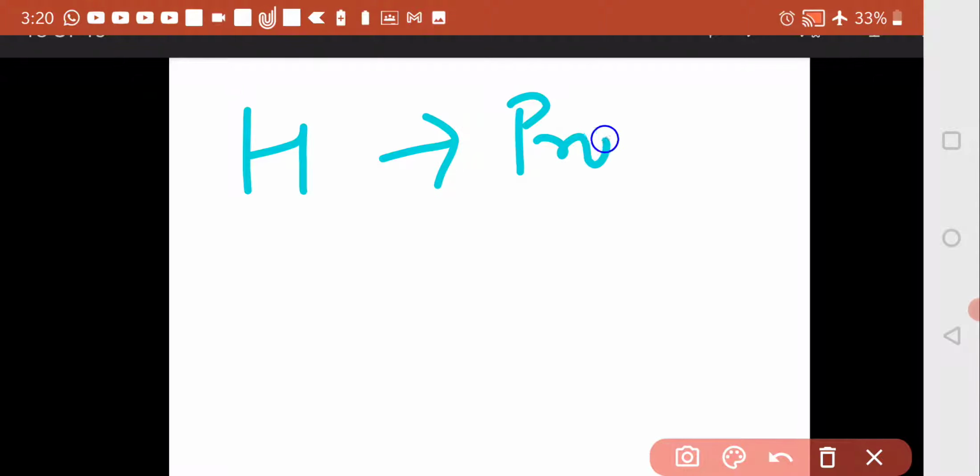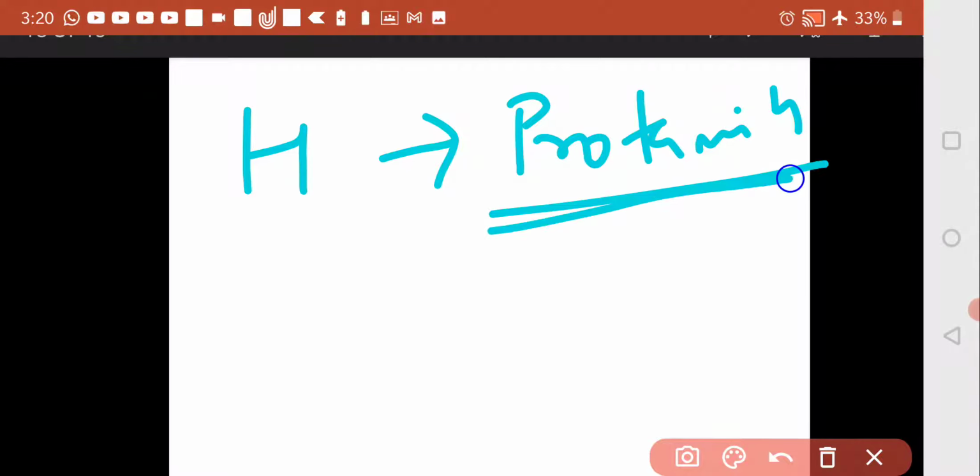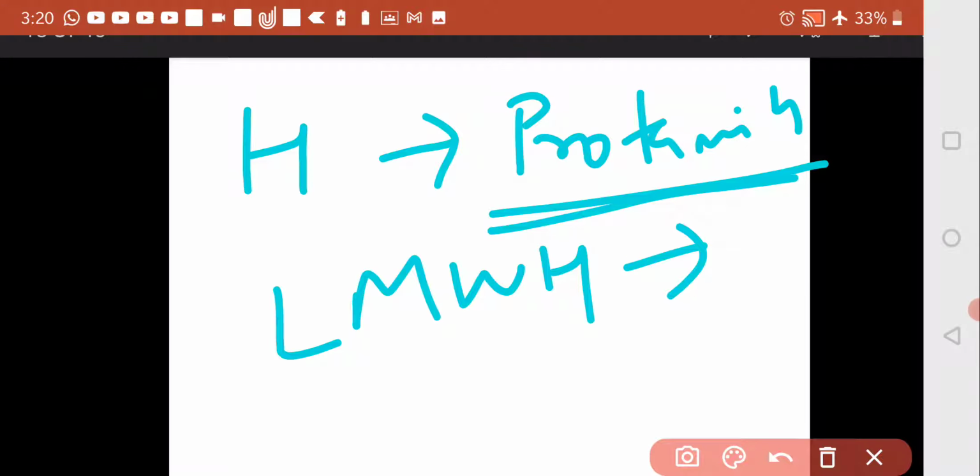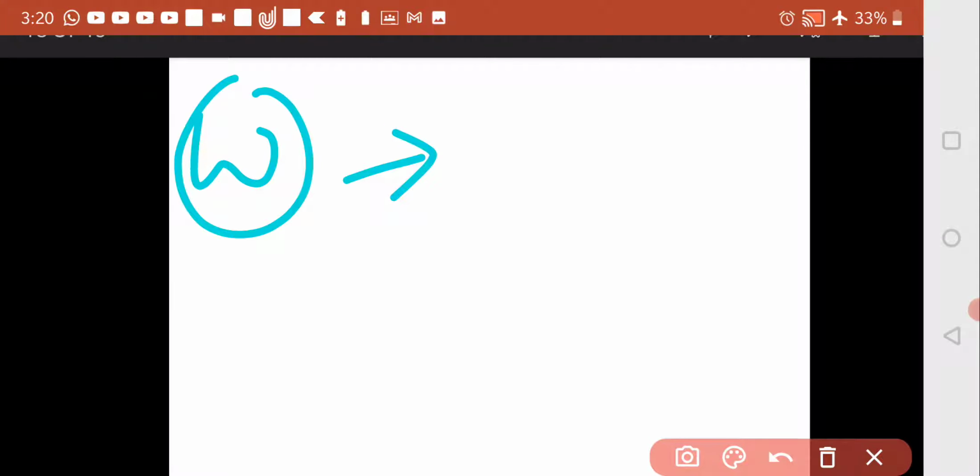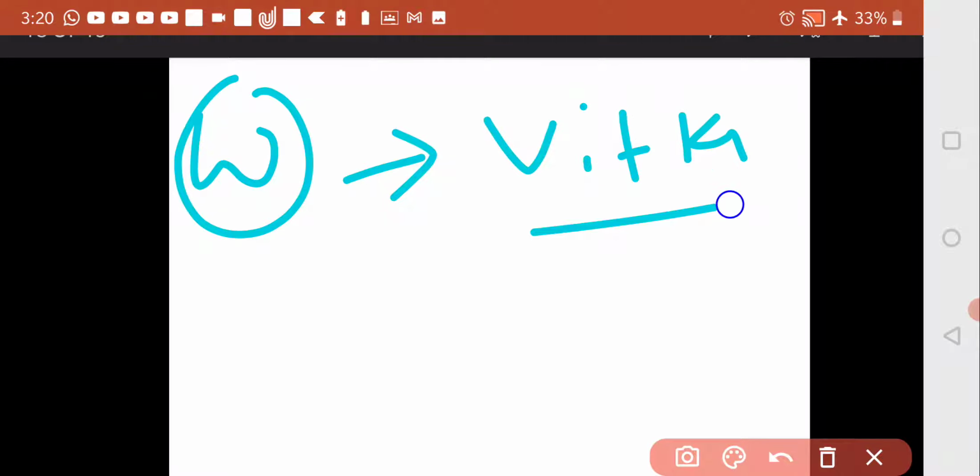Protamine sulfate also partially reverses low molecular weight heparin. If we talk about warfarin, then there is a specific antidote, vitamin K1, which is phytonadione.